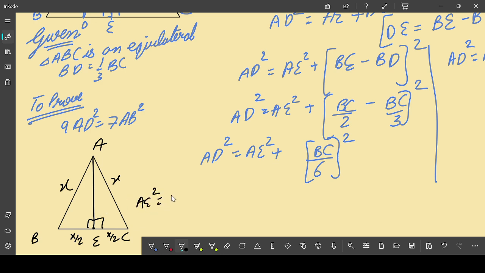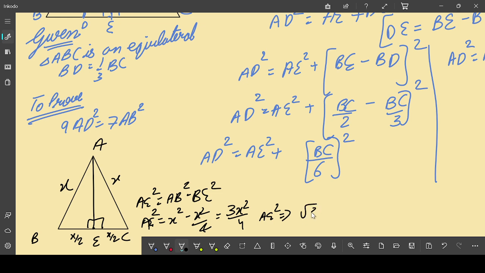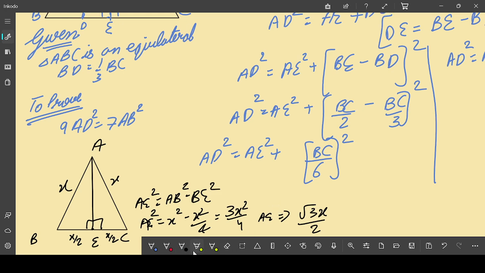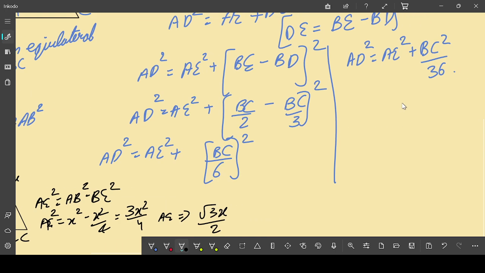See, AE square will be AB square minus BE square. So AE square will be x square minus x square by 4, that is 3x square by 4. So AE will come out to be root 3 x by 2, right? That's the AE value. So I'm going to use this.